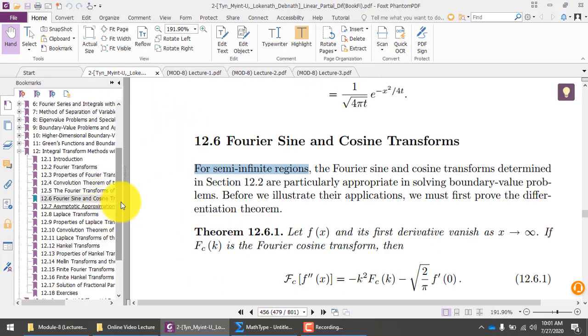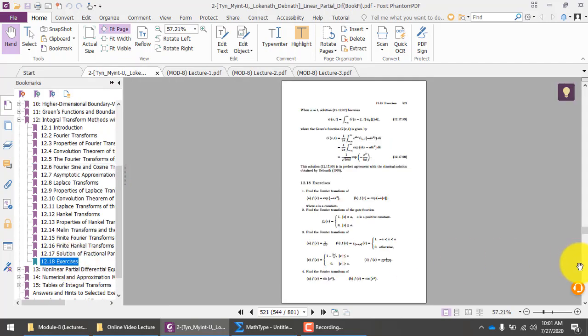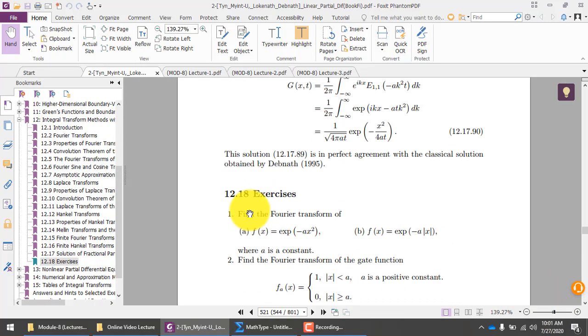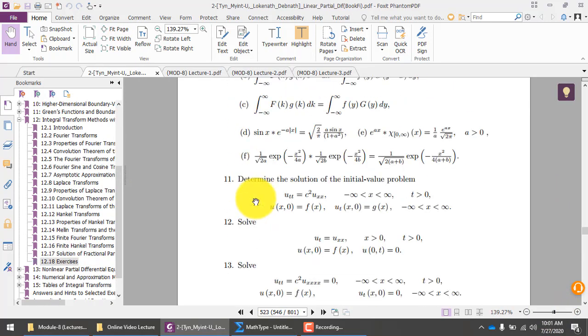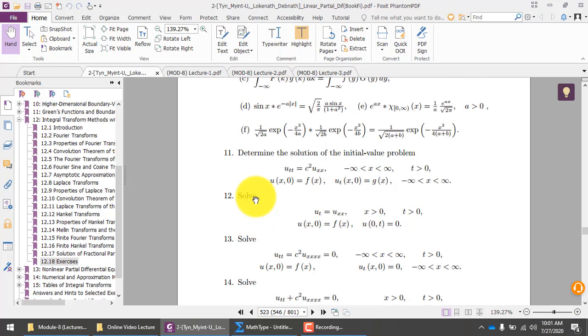Look, in the exercise, if I go back, just for your sake, you have to look at the domain. If the domain is minus infinity to infinity, apply the Fourier transform. But if the domain is 0 to infinity, like x greater than 0, you can apply the Fourier sine transform or the Fourier cosine transform, whichever is suitable.